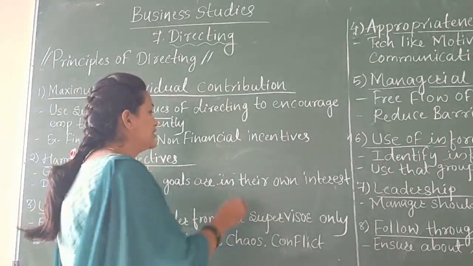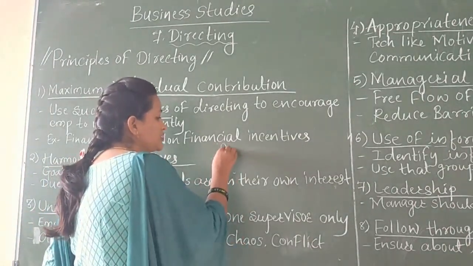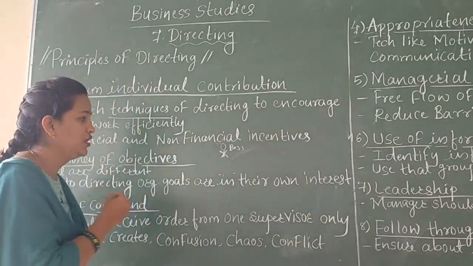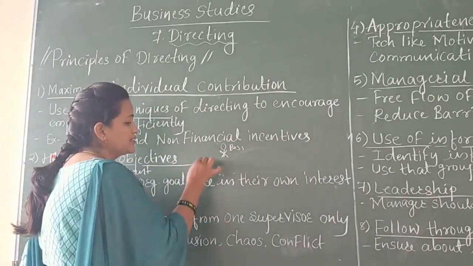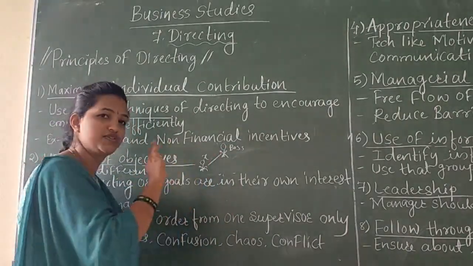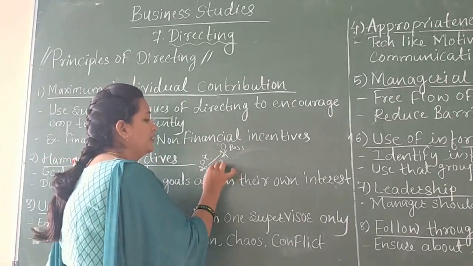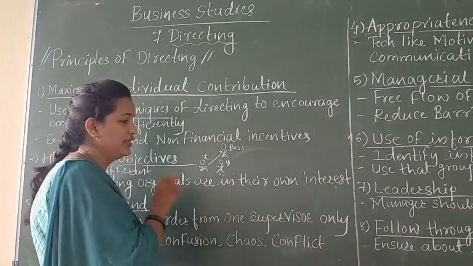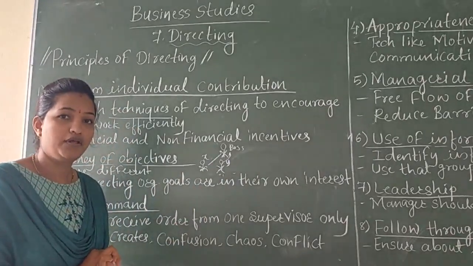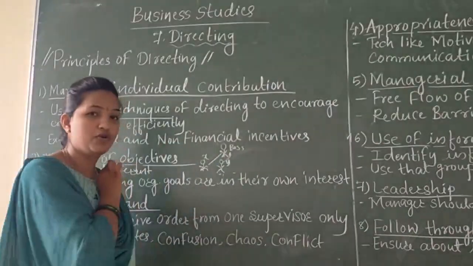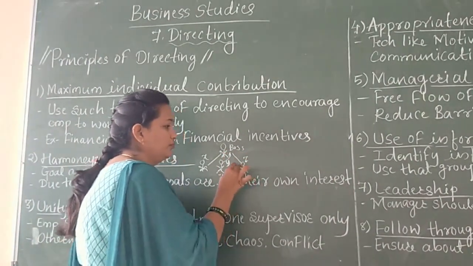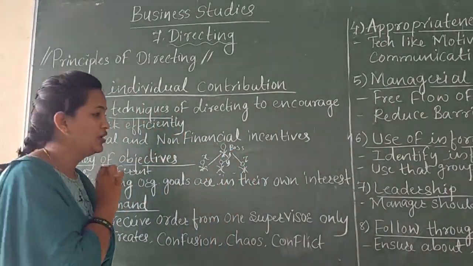Otherwise what is going to happen? See, he is a boss. Employee X receives orders from his boss. One employee, one boss. Second employee Y takes orders from this boss. Third employee Z takes orders from the same single boss.